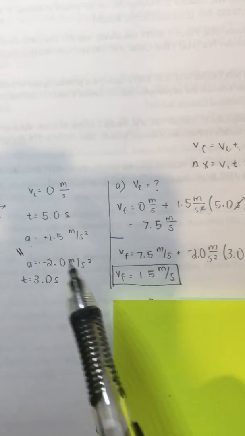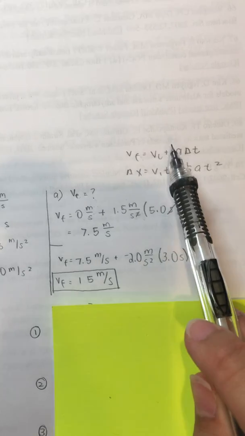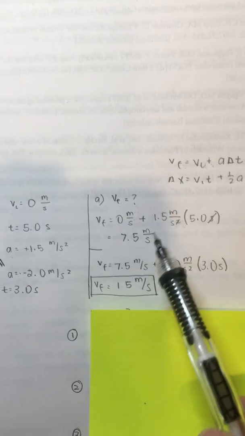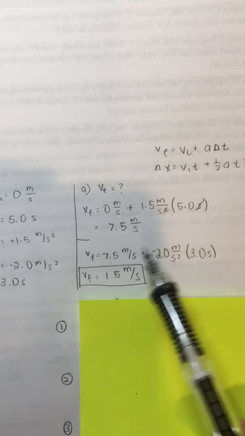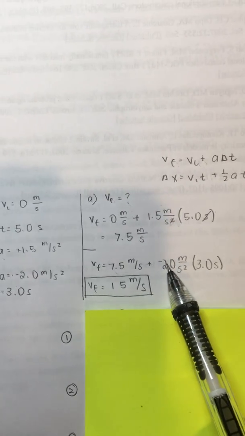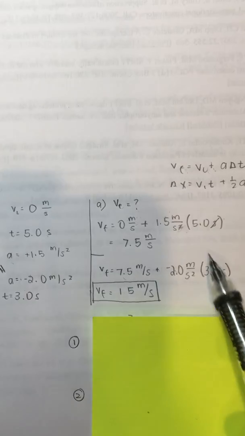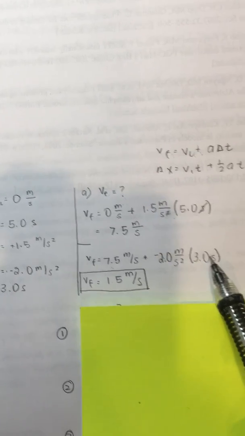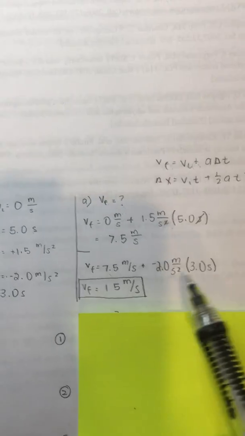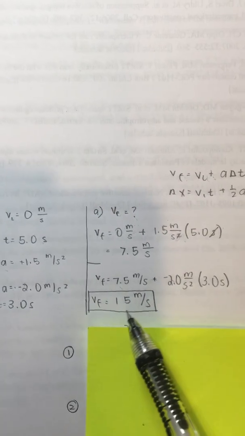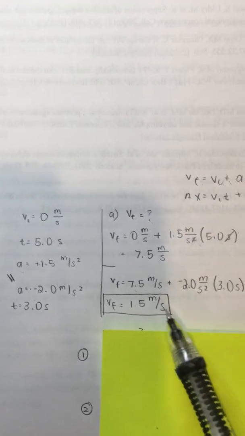Then, since this is a two-step question, we need to do this equation again. So we plug this in, but now it's the initial velocity plus the negative acceleration because we are applying the brakes times the period, which is 3 seconds, to get a final velocity of 1.5 meters per second.